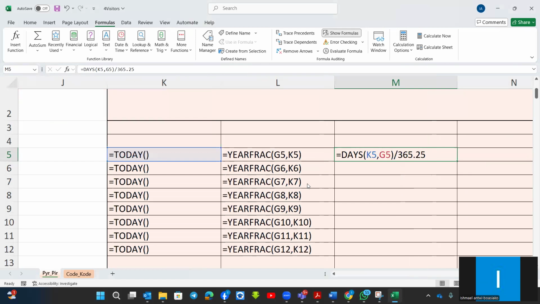So both of them will work whenever you are calculating the number of days or the number of years. And if the question asks you to calculate the number of months, remember this is days, then you can now divide it by 30, or YEARFRAC, you multiply by 12 because there are 12 months within a year. So we will look at another question.